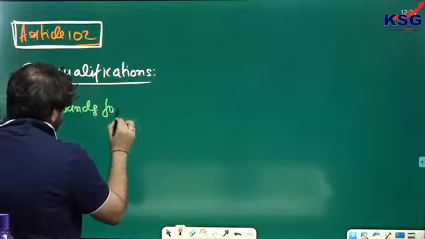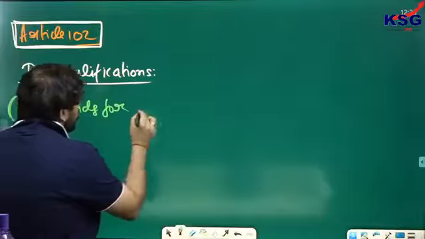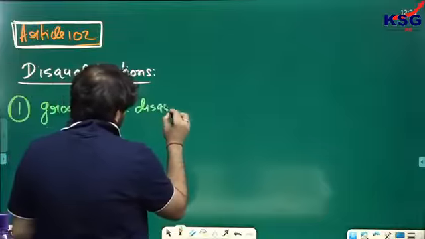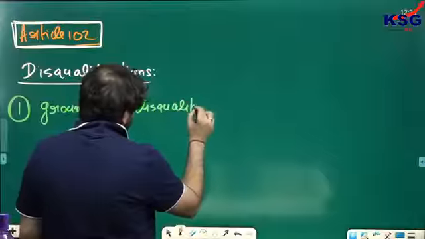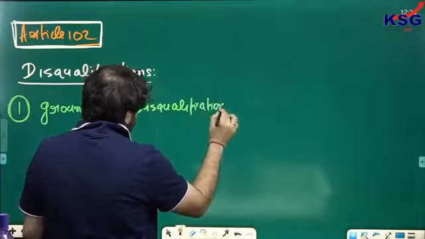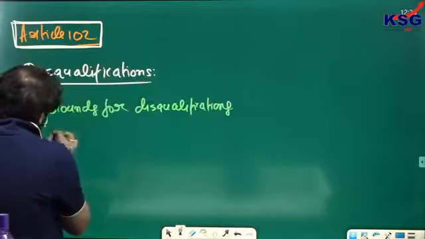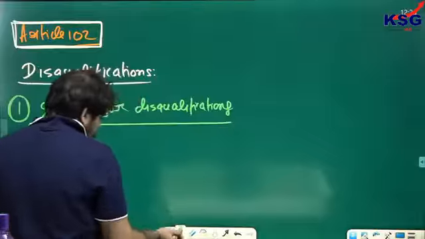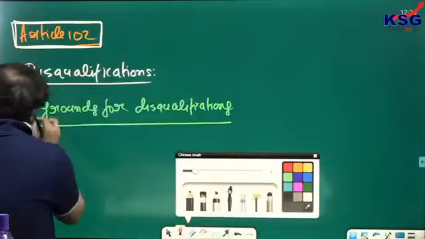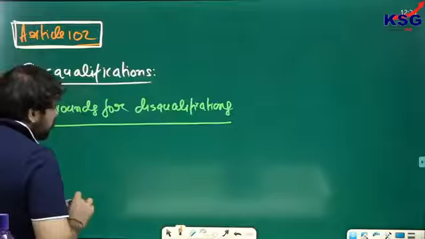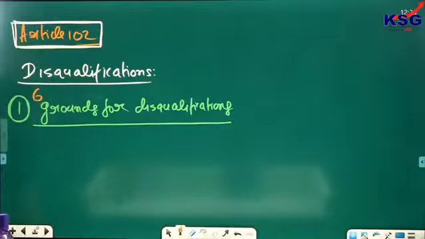That is, what are the ways in which a member of parliament can be disqualified. And here we can take a look at 6 grounds. Just write it over here: 6 grounds. There are 4 grounds for vacancy, one of them is disqualification, and from there are 6 grounds for disqualification, which are listed here. What are the 6 grounds for disqualification?